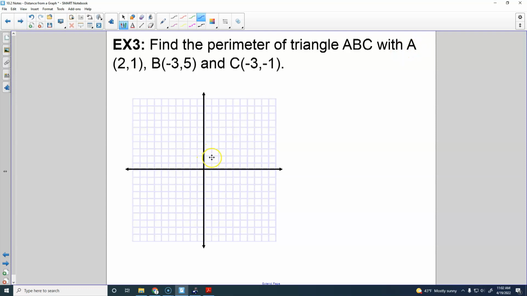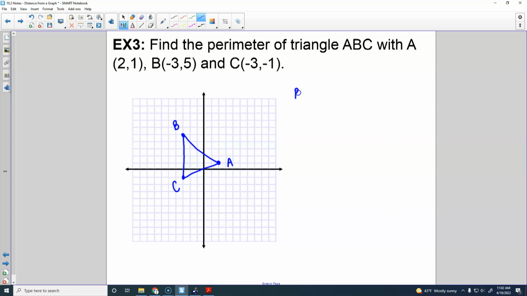So I've got the point 2, 1 is right here. I've got negative 3, 5 here. And then I've got negative 3, negative 1 here. And let's label those. This is A, this is my B, this is my C. Now there is actually one of these sides that is easy to find.